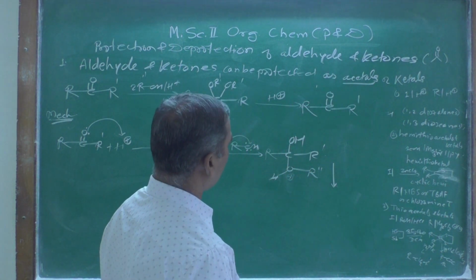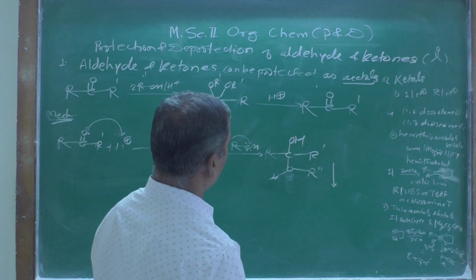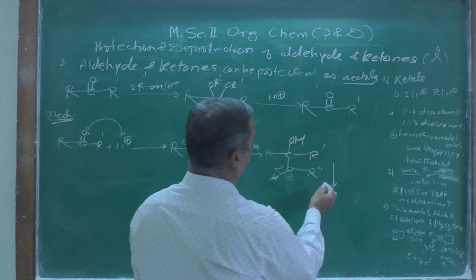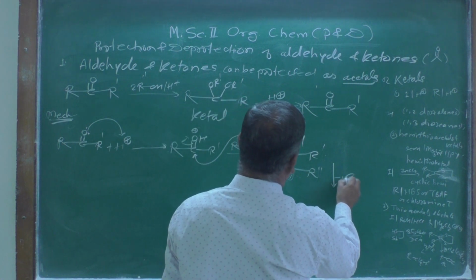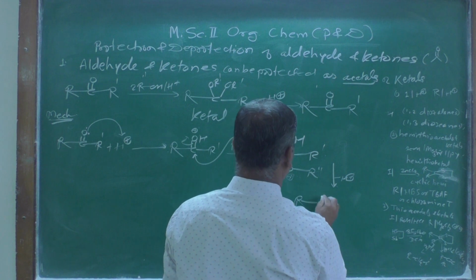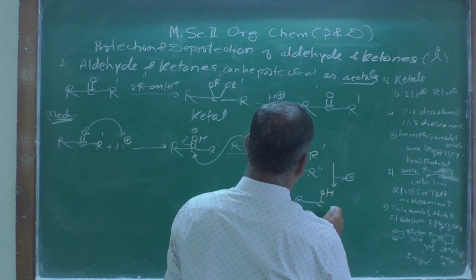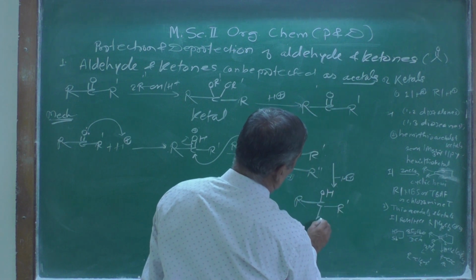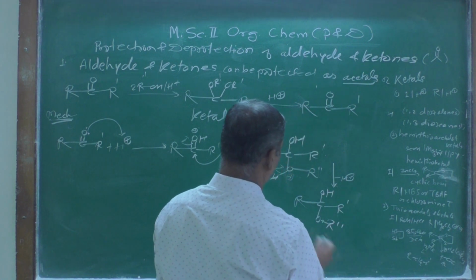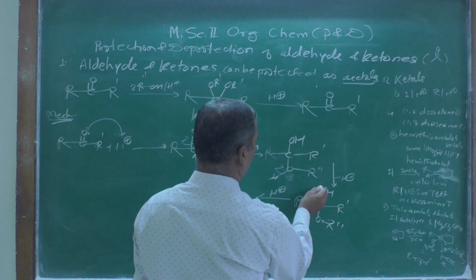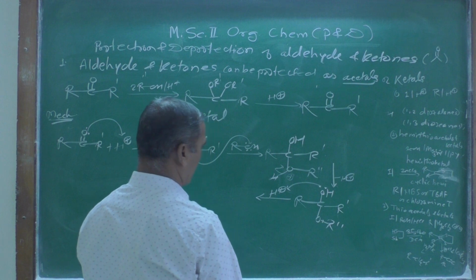And now what is going to happen here? Then further there is a loss of proton over here, minus H plus. You are going to get here R, then C O H, then R dash O R double dash, right? Then next one, still acidic medium, it will pick up the proton from here.